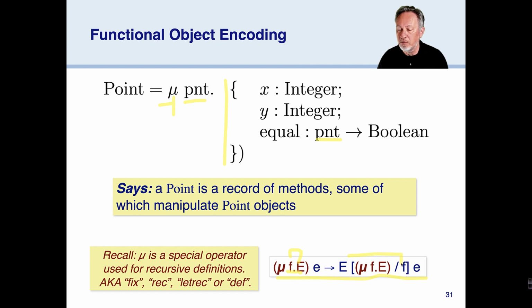Okay, that was this rule here. And it's known by other terms like let recursive or def. These are all the same thing. So we know this from programming languages. It's basically saying, I define point to be this, where point may use itself in its own definition. Well, that's pretty cool.